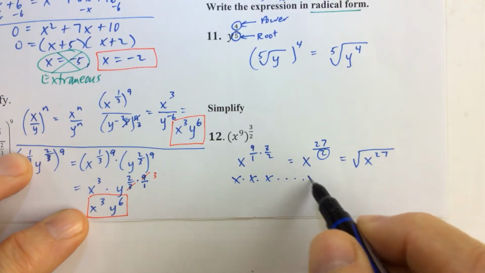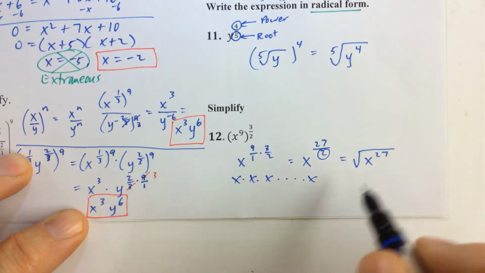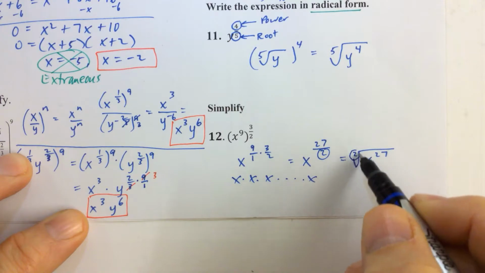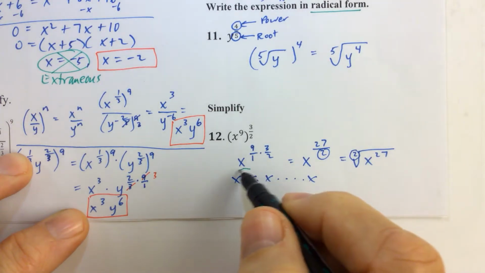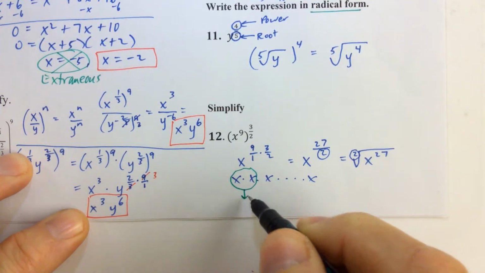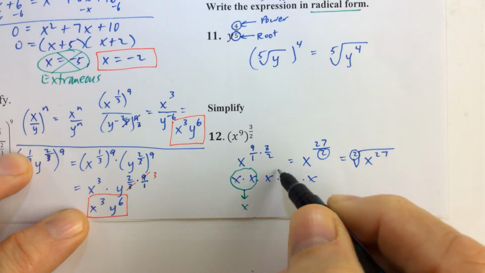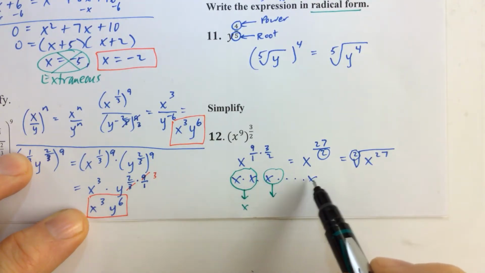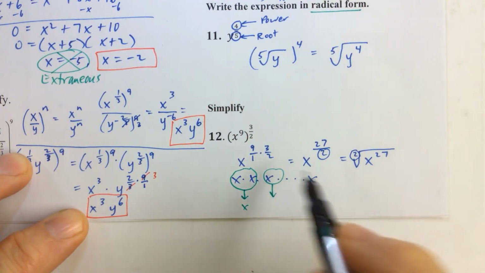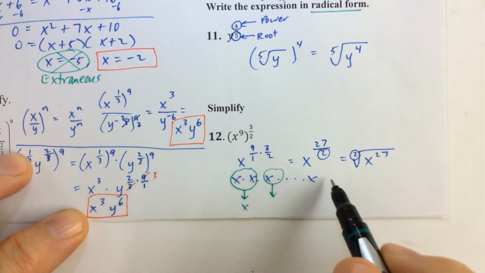So if we write x 27 times, and that square root means that we want to take out books of 2, or pairs, if you remember, we did that. So we have one pair of x's, another pair of x's. We keep going. How many times would we do that before we get to the end of the row of x's? Well, if you visualize that, there's 27 of them.